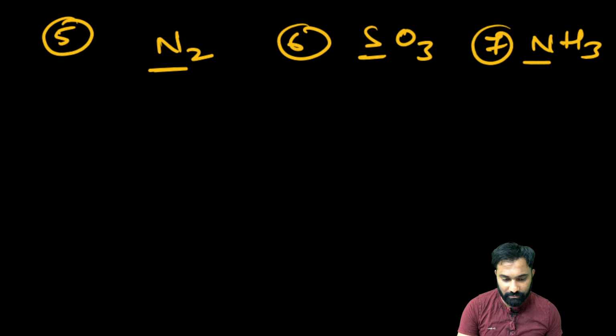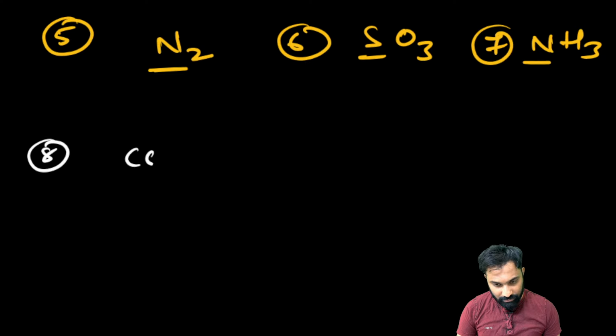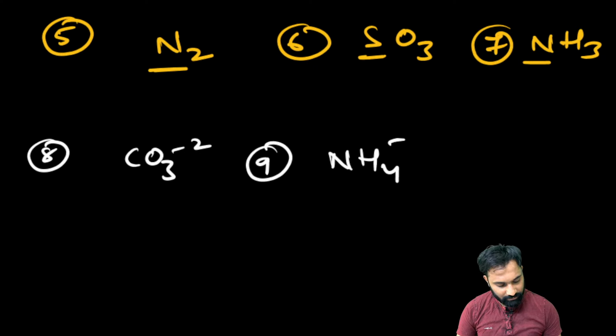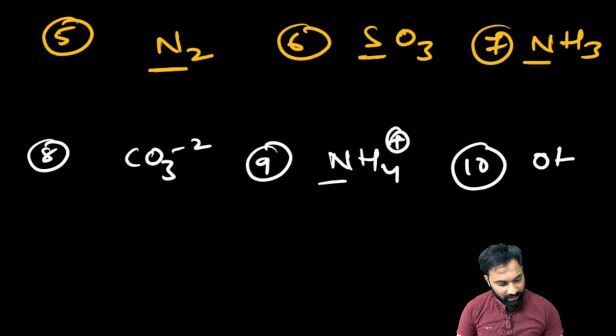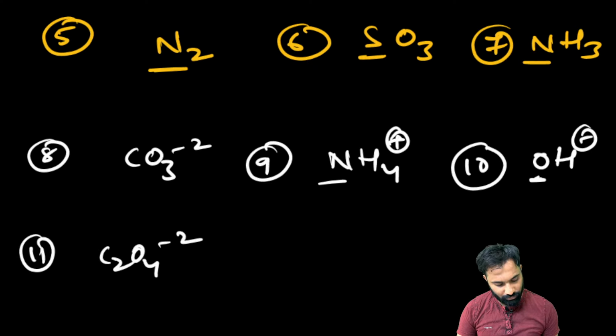What are the oxidation numbers of the given species? 8, CO3 minus 2. 9, NH4 plus. 10, OH minus, oxygen. Next, 11, C2O4 minus 2, carbon.